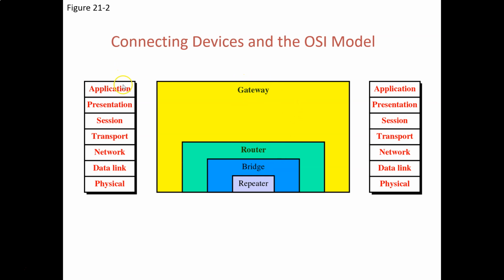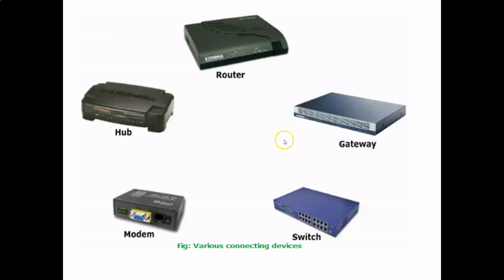You see here, it has access to all the 7 layers. If the data is of a different format, it will convert it into that format. That is the function of the gateway. Here you can see the various devices: router, gateway, modem, hub, switch. These are the various connecting devices.